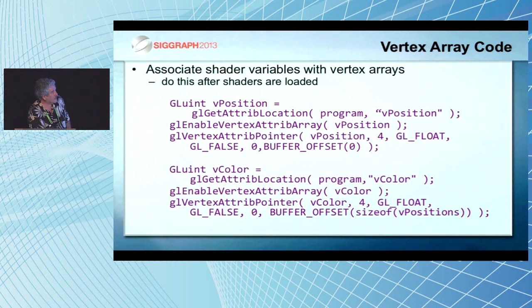And there's an offset here which says, where are they located? Well, the positions we said came first, and they're followed by the colors. And so when I talk about the colors, I'm going to offset them by the size of positions. This is just a handy little mnemonic that Dave uses to make it clear what you're doing. Where in the buffer is this data? So you're telling the GPU where the data is in the buffer and what format it's in, and you've given it a name.